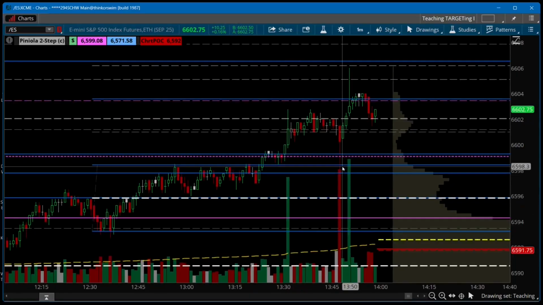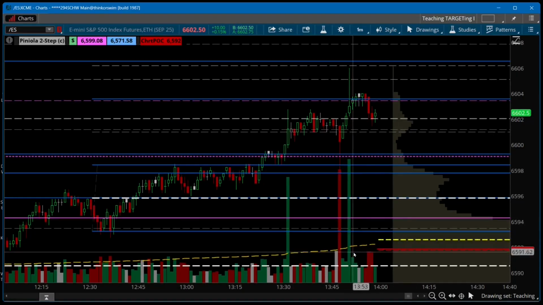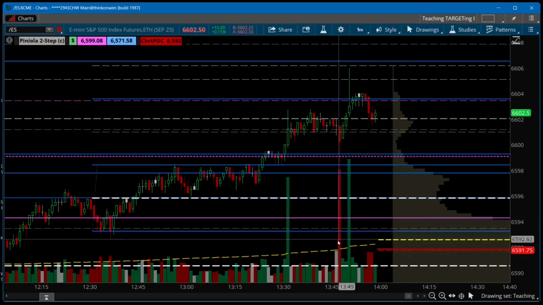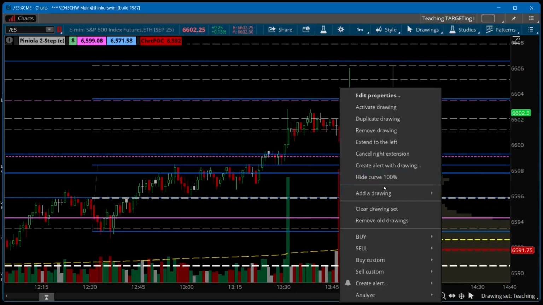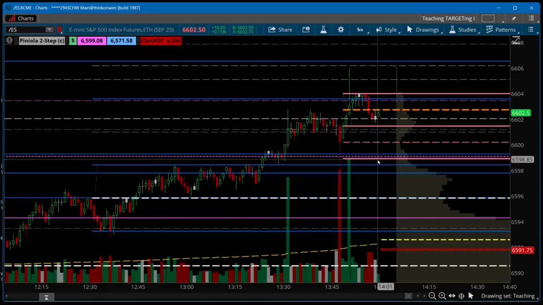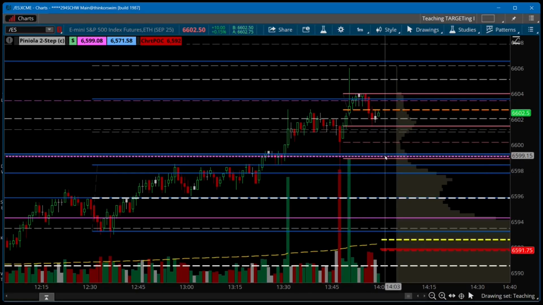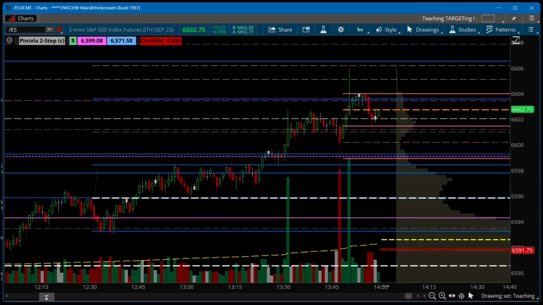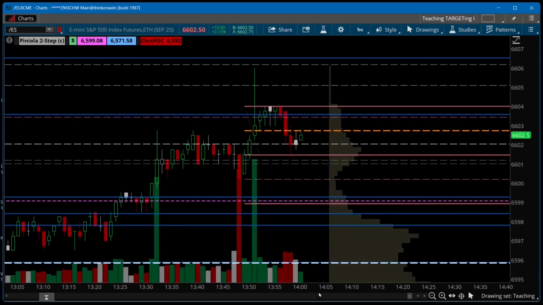Even with this kind of volume, this still in the back of my mind is a magnet. Okay, we got a 2.0 sitting right here at yesterday's value area high. So that would be a logical place. Have to see if this 0.5 holds.